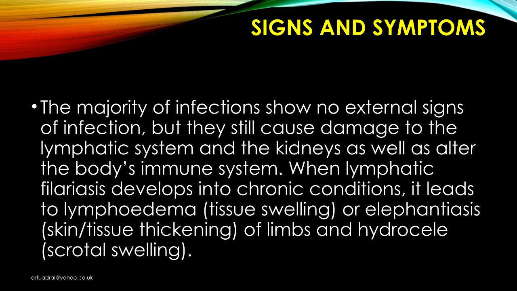So the signs and symptoms start appearing, and the majority of the infections show no external signs of infection as such, but they still cause damage to the lymphatic system and the kidneys, as well as alter the body's immune system. And then when lymphatic filariasis develops into chronic conditions, it leads to lymphedema, which is tissue swelling, or elephantiasis, skin tissue thickening of limbs, and hydrocele, which is the scrotal swelling.